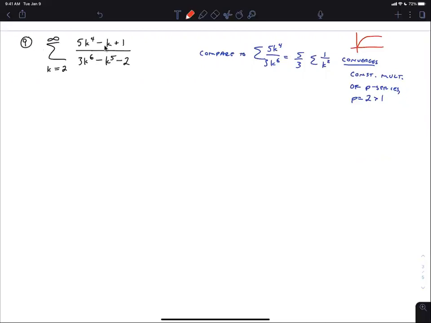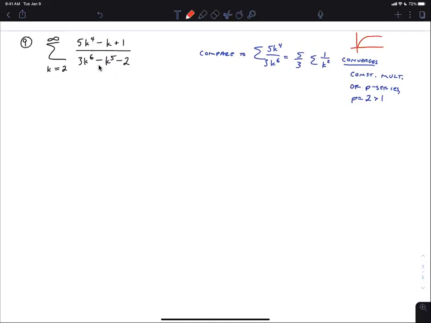Based on the numerator, it is smaller because the first term is the same. The next largest term is negative. So this is a smaller numerator, but based on the denominator, this is a bigger fraction. It has a smaller denominator. So it would be difficult or impossible to prove this is smaller than this. It's probably not smaller than that because the bottom is smaller. Does everybody see what I'm saying?